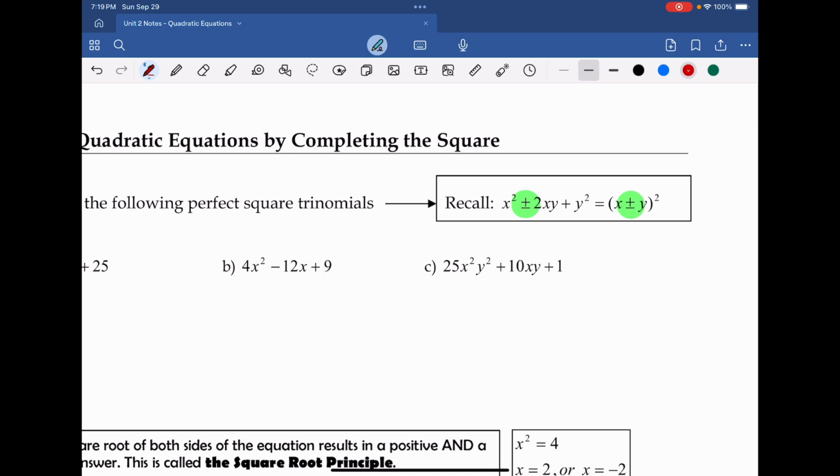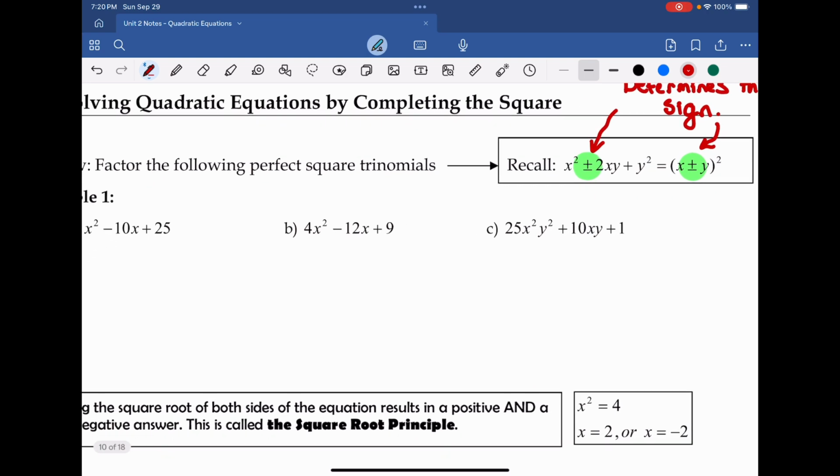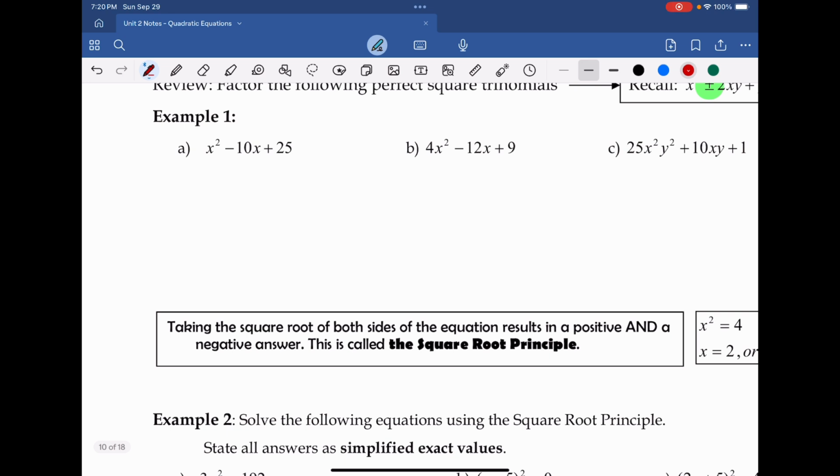So what I'm going to quickly write here is that this, either being positive or negative, determines the sign. So if it ends up being positive, that will be a positive in the binomial. And if it's negative for the b term, it's going to be negative in the binomial. Now let's take a look at this in a bunch of perfect square trinomial examples.